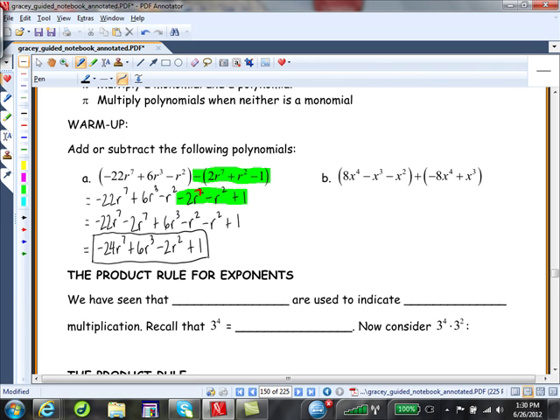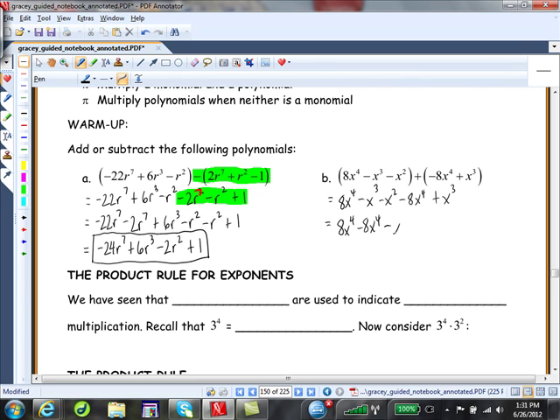All right, how'd you do? Awesome. All right, so next up we are adding. So these parentheses are not doing us any good. We'll go ahead and take them off. Notice nothing is being multiplied except for positive 1 to these parentheses. So plus and negative is minus 8x to the 4th, and then plus a plus is plus. Getting the like terms together, we will have 8x to the fourth minus 8x to the fourth.